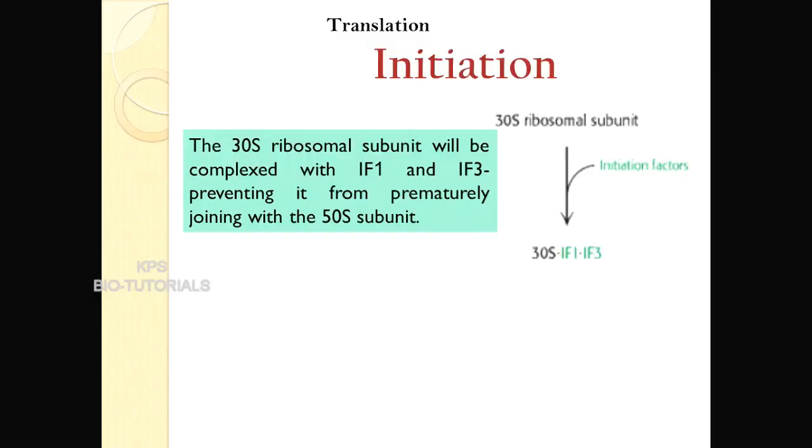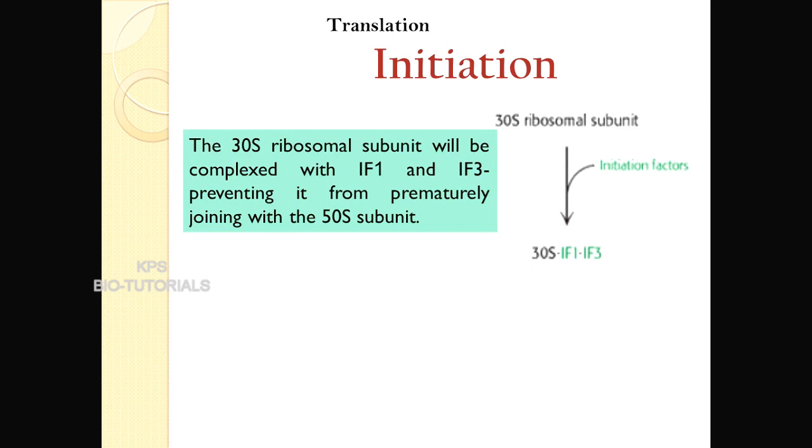So all the processes up to the formation of the 70S or the complete ribosomal complex are said to be the initiation. You know, before the translation begins, the 30S and 50S subunits will be in separated form, because the translational factors IF1 and IF3, that is initiation factor 1 and 3, will be bound with the 30S subunit. Thereby it cannot bind with the 50S subunit to form the complete 70S ribosome.